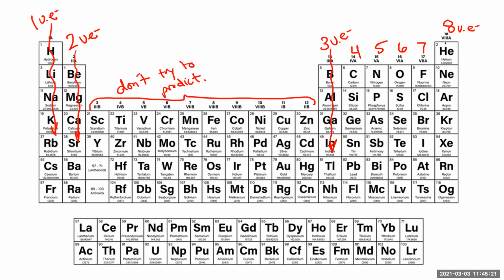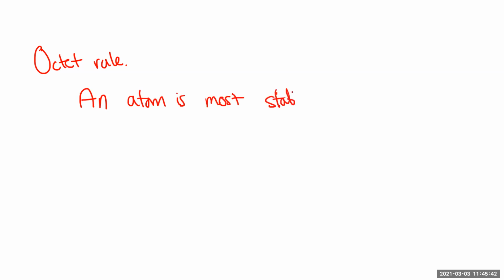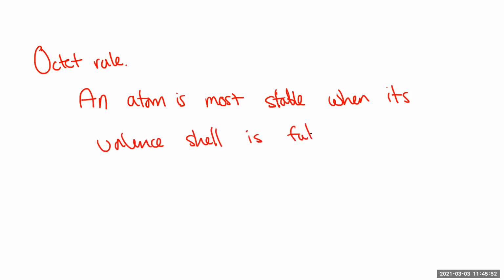Okay. Now that brings us to one other thing, the octet rule. The octet rule, as you will read about in your book, generally says that an atom is most stable when its valence shell is full of 8 electrons, hence the octet rule, the rule of 8.